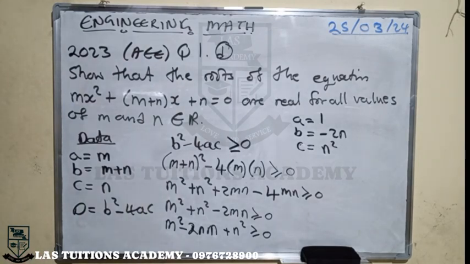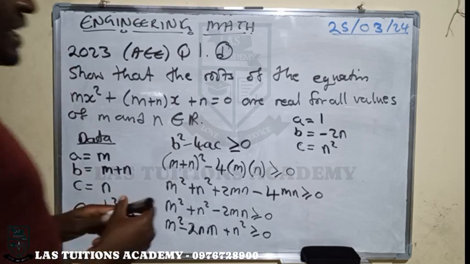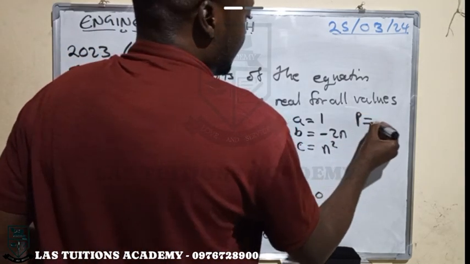That's important. Now we are listing that as if we are using the product sum factor. This is going to help us because we know that to find the product, it is a times c.